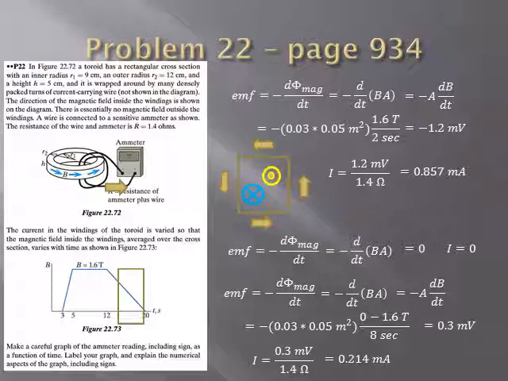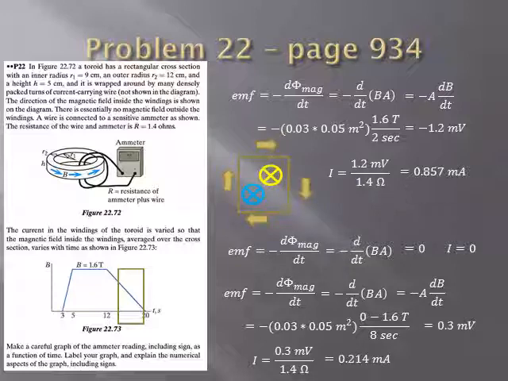But what we have to do is calculate our direction for our current. And in this case, the B field's still pointing in, except it starts large and then gets smaller. So my dB has to point out of the page, and I take the reverse of that. That means it's into the page. So I point my thumb in that direction, and it curls around this way.